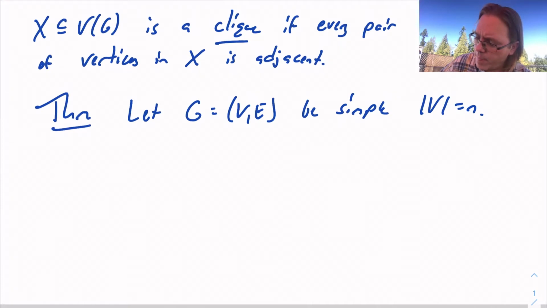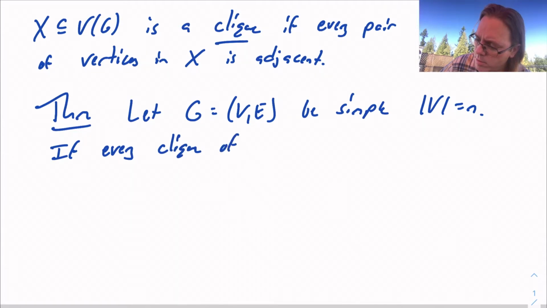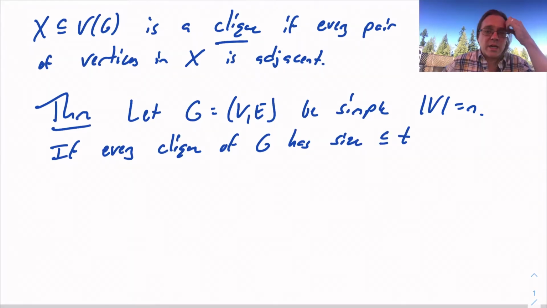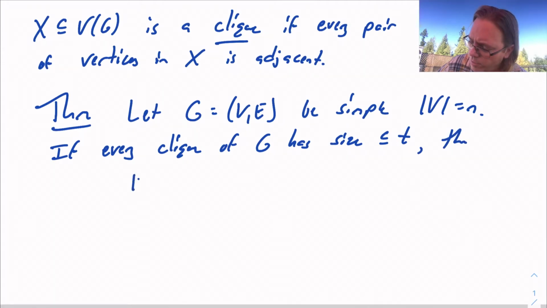So if every clique of G has size at most t, then you cannot have too many edges. Then the total number of edges is going to be at most 1/2 times (1 minus 1 over t) times n squared.